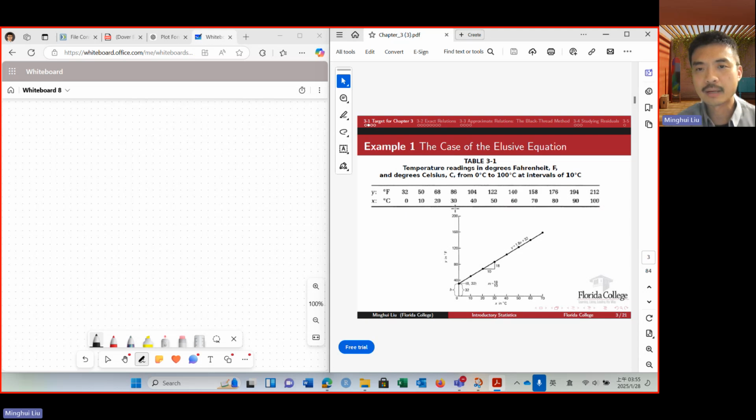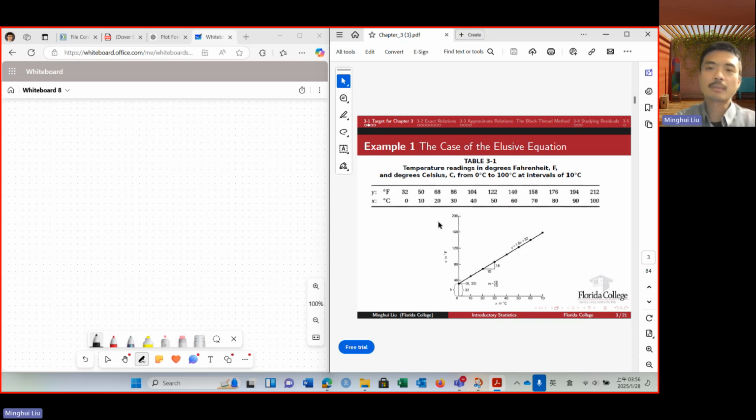The change of X is apparently 10. So 18 divided by 10, which is 1.8, is the slope. And the y-intercept is the value of y when x is equal to 0. In this case, when x is 0, y is 32. So we know the slope and the y-intercept, and therefore you can write down the equation of the line: y equals 1.8x plus 32.